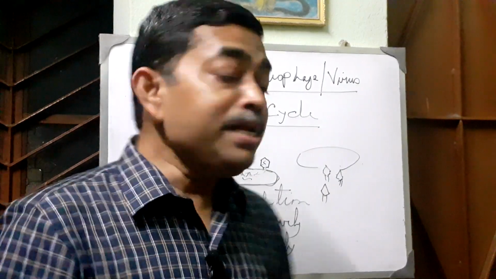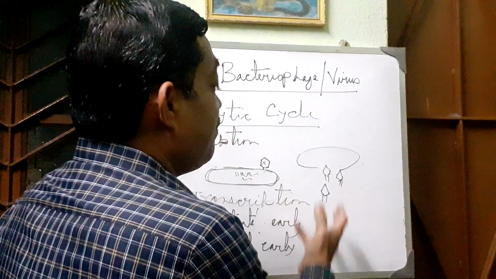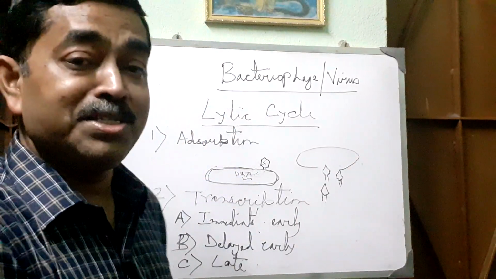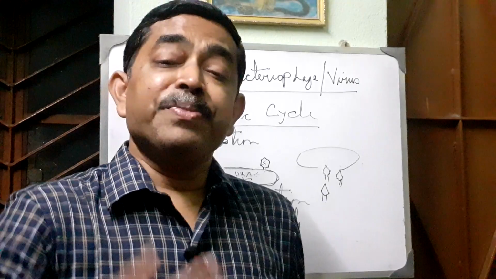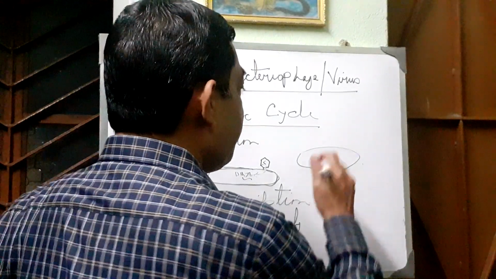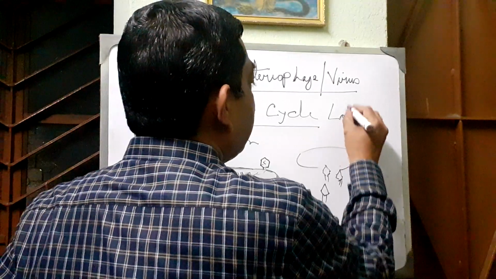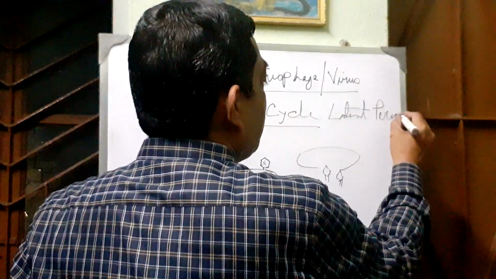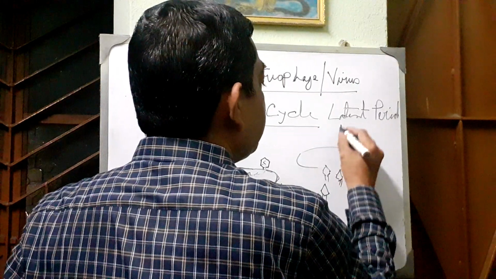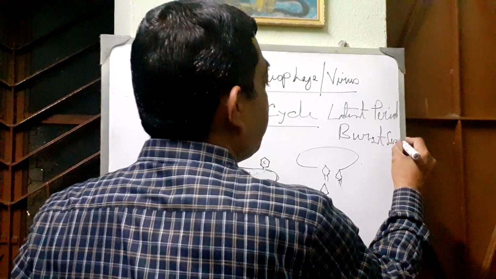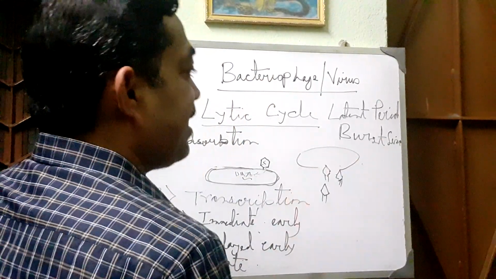And the number of bacteriophage particles released from one bacterial cell by lysis is called the burst size. So one is the latent period and another is the burst size.